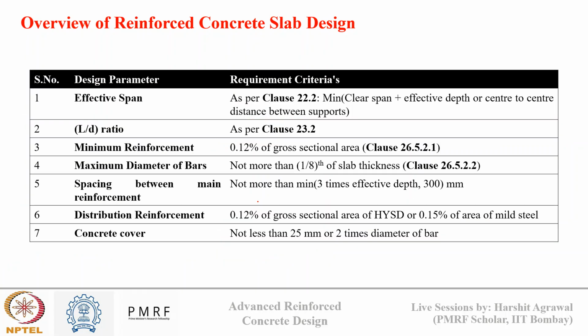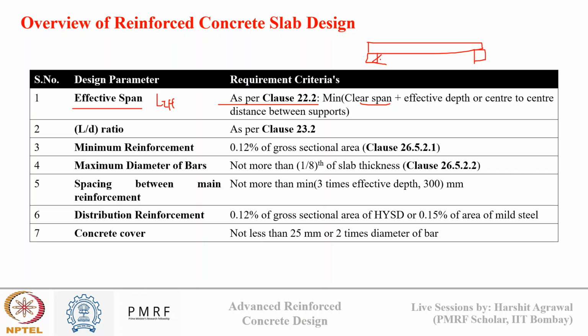Now, before moving ahead, we will just recall what IS 456 code says about slab design. Here in the table, it shows several key parameters related to the design of slab and their requirement criteria. So there is effective span of slab, which we can get from clause 22.2. For a simply supported slab, this clause says that the L effective of slab is given by clear span plus effective depth, or center to center distance between the supports. So suppose this is my slab and these are my supports.